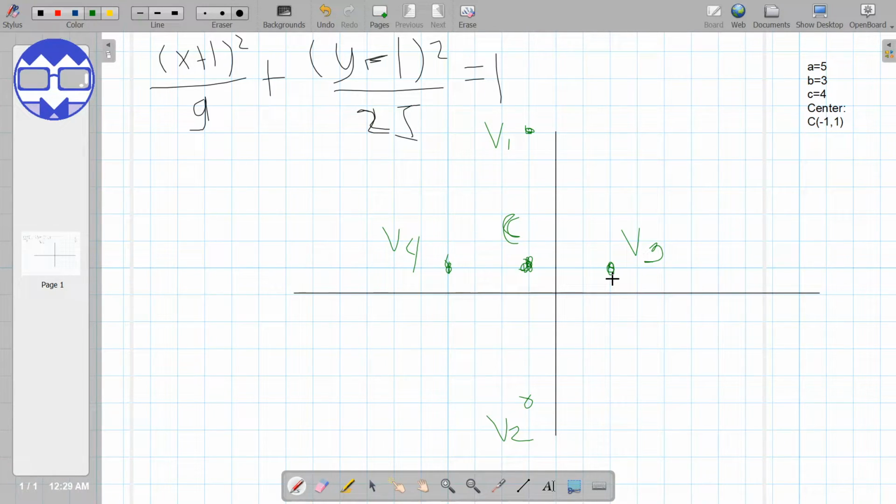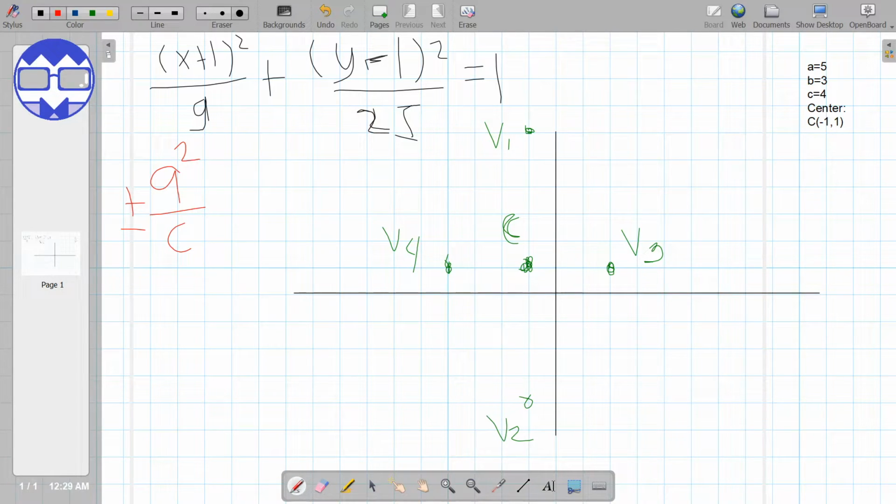Then how about the directrices? We need some computation here because it's an equation. We just need to remember that it's always plus or minus a squared over c.